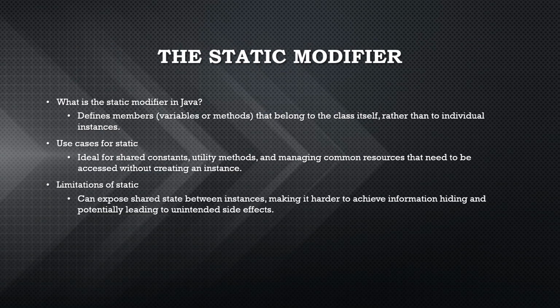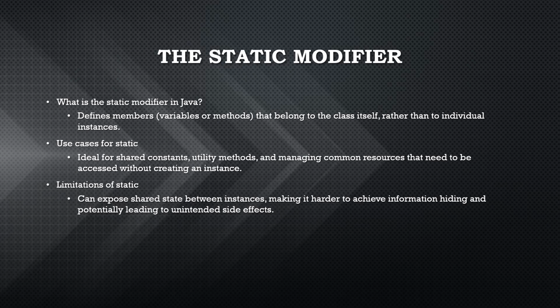The static modifier in Java allows class members, whether variables or methods, to belong to the class itself rather than to individual instances, meaning they can be accessed without creating an object. This makes it particularly useful for shared constants, utility methods, and managing common resources that need to be globally accessible.